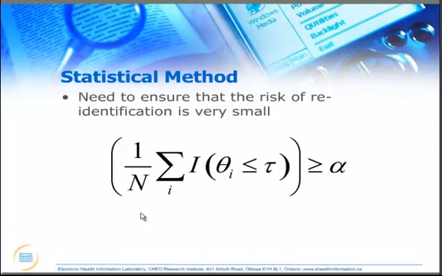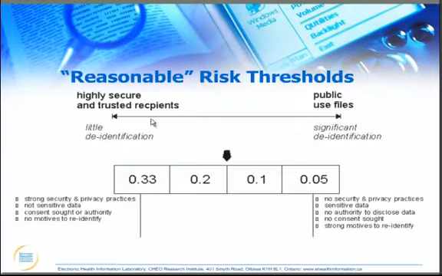And in practice, the way this has been approached over the last 20 years or so, when you look at the different organizations that have released data, including health data, but also national fiscal agencies, census data, and so on, is they've used multiple thresholds.